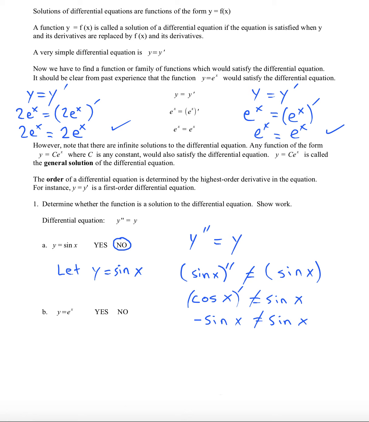Now let's try e to the x. Okay, we'll do the same process. Put in e to the x in place of y, and now find its second derivative.